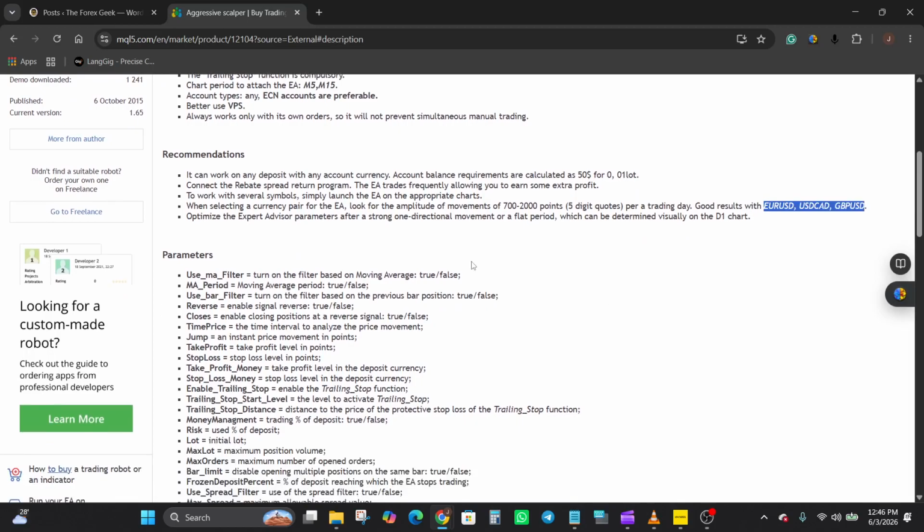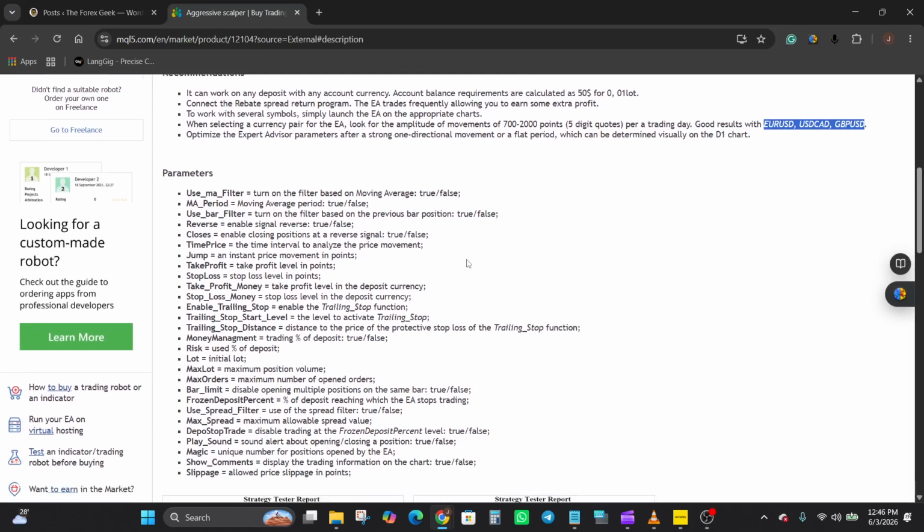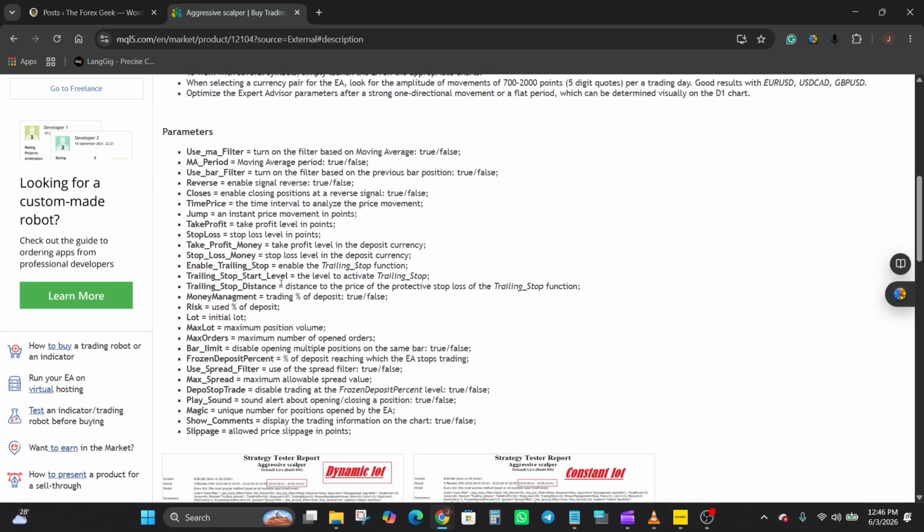Now, moving into the settings, I can see several filters and controls that allow some level of customization. There is a moving average filter option, a bar based filter, and even the signal reverse option, which allows traders to flip the logic if needed.